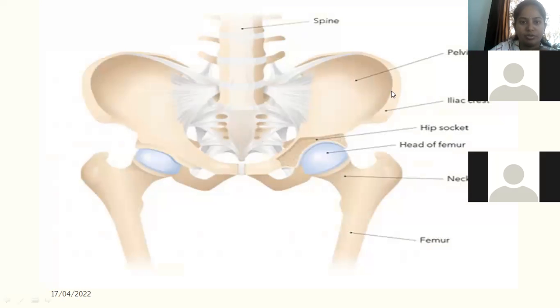So again, I'm showing you the image of the hip joint. This is the pelvis bone, pelvic girdle, then this is the iliac crest, this is the acetabulum, then the head of the femur and the acetabulum form the hip joint, okay.